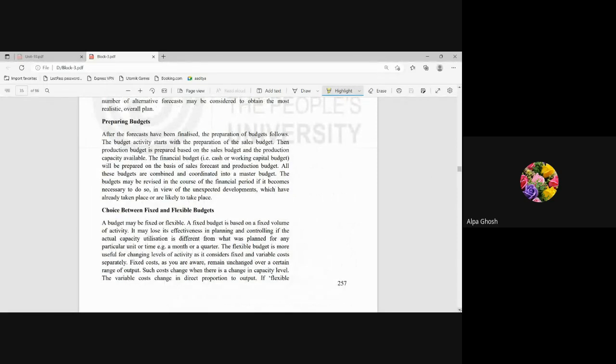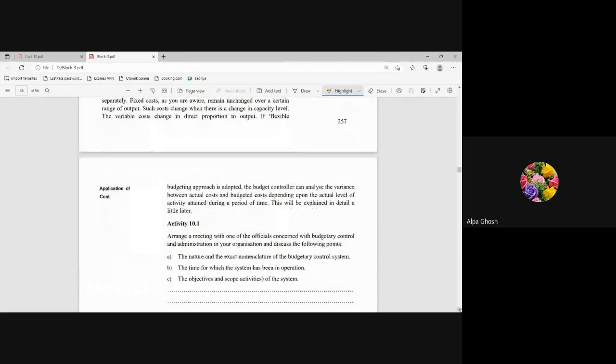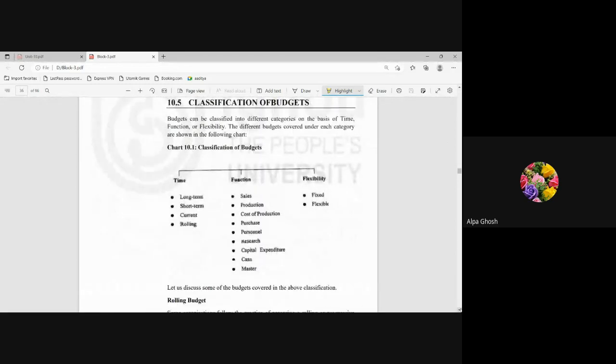So I come directly to the flow chart. This is the flow chart classification of budgets. The budgets are classified on the basis of time, function, and flexibility. As per time, we can prepare budget for long term, short term. The budget can be a current budget. Sometimes we prepare budget on daily basis, and a rolling budget.